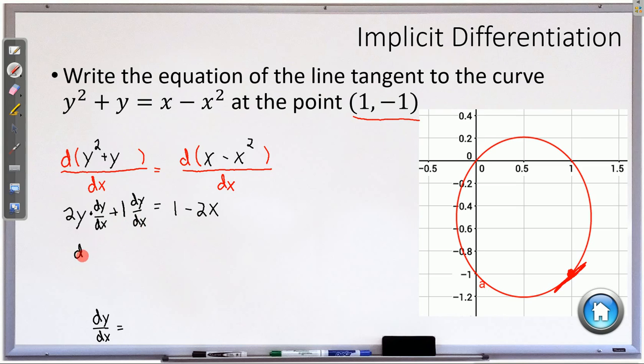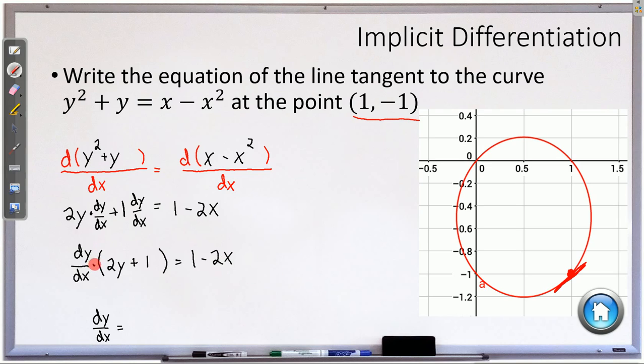So what we can do is factor it out. What is left over when you pull out the dy/dx? Well, you're left with a 2y plus 1 is equal to 1 minus 2x.